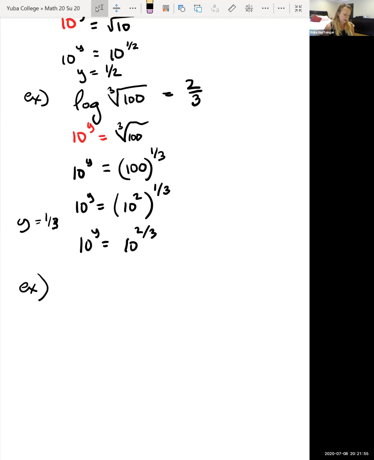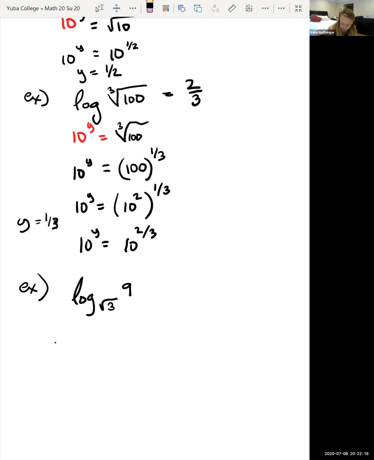So what about log, the base is the square root of 3, and we have 9. So this is saying, what can we raise this root 3 to?